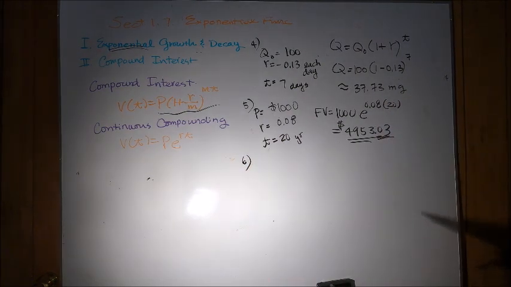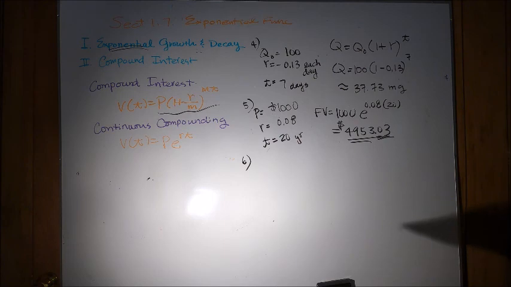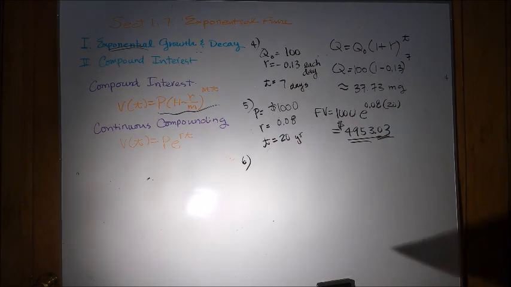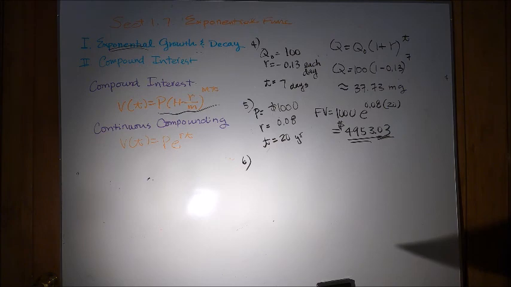Okay. Same thing, we will learn another way. If I know the future value, I should be able to find the present value, right? The other way around. So find the present value of $5,000 to be paid in 10 years at 7% interest compounded continuously.